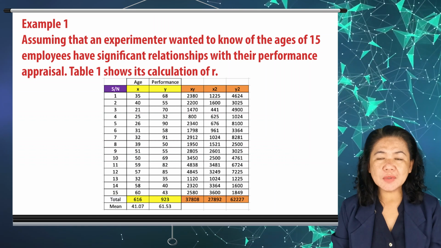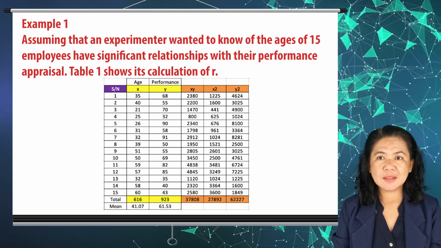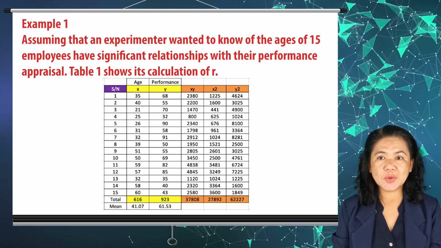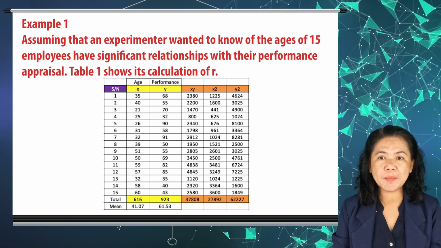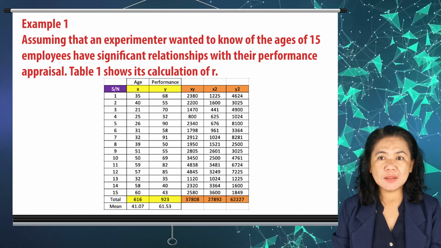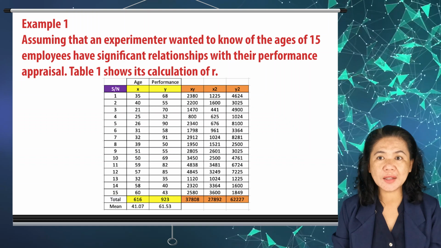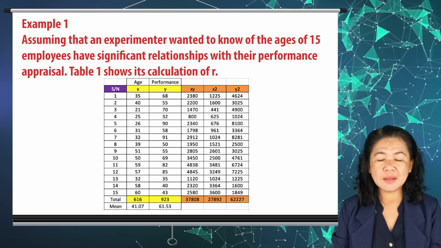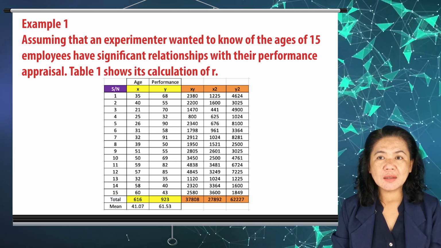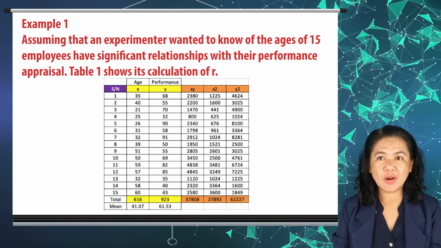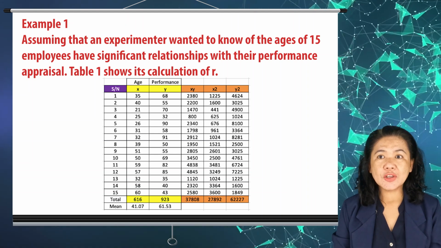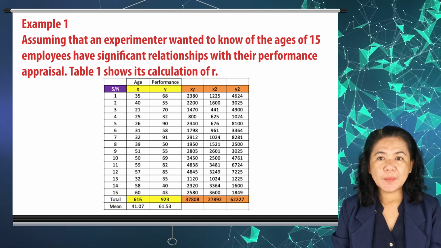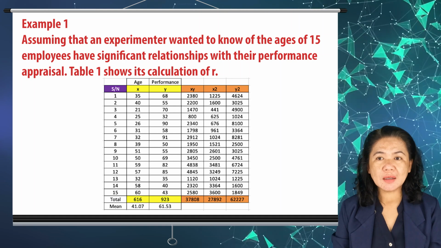The third column is their performance, labeled as Y. The total is 923 with a mean of 61.53. The fourth column is XY, followed by X squared, and the last column is Y squared. All these three columns have their corresponding totals.